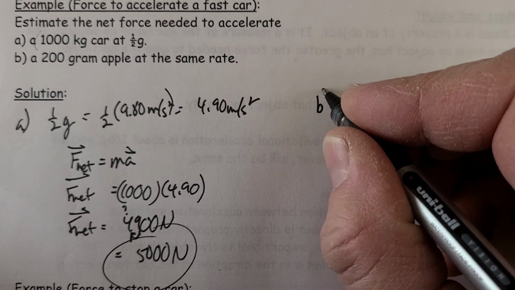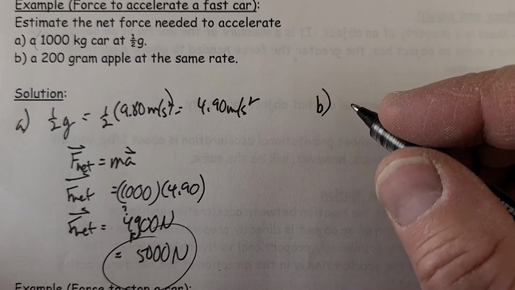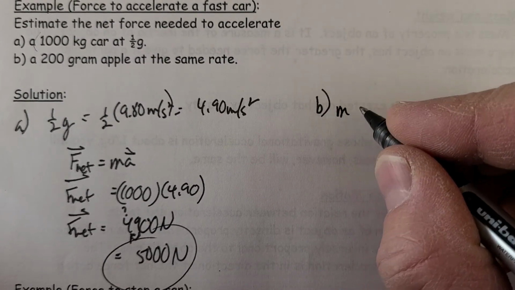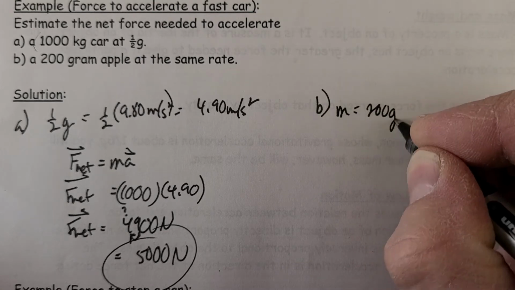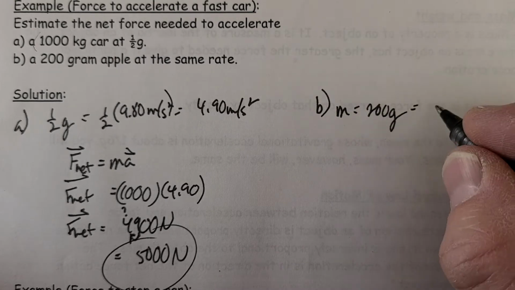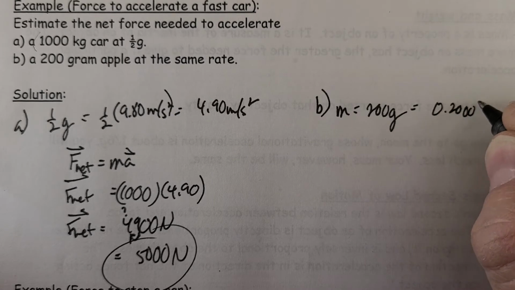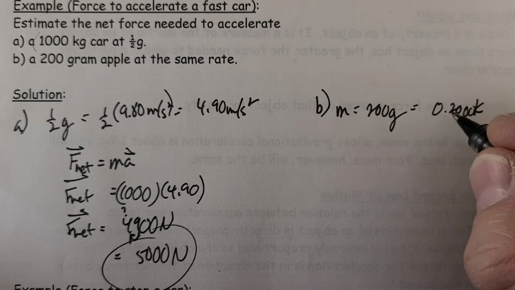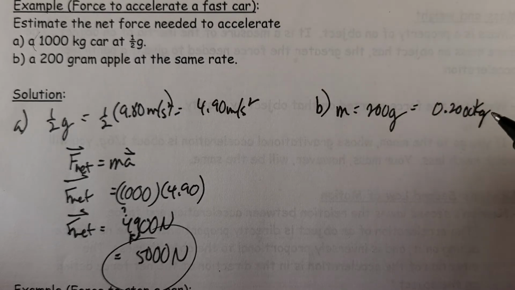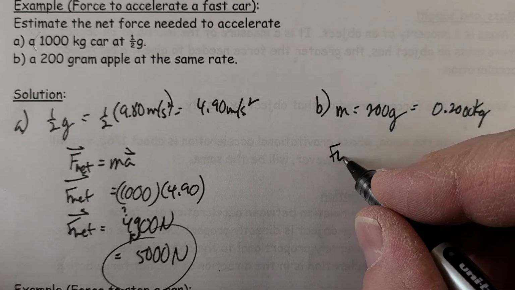And B, going at the same rate, except this time it is an apple. That's 200 grams. So of course 200 grams, move the decimal 3 places to the left. Oops, I have one too many zeros there. 0.200 kgs.